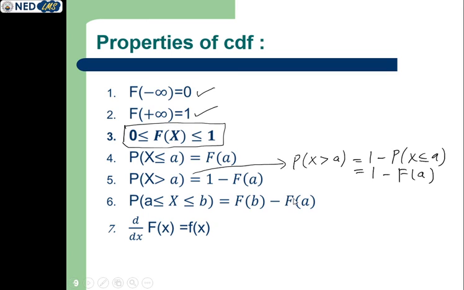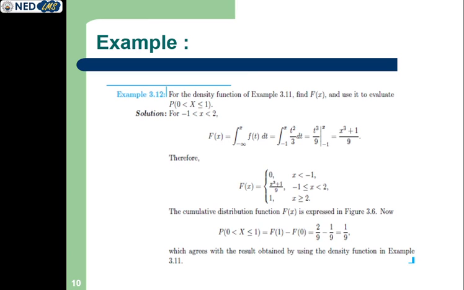Just take the images and subtract those two answers, and you get the probability between a and b. So this is the third formula for finding probabilities by help of the CDF. And the last one we already discussed: the first derivative of the CDF is equal to the PDF. Okay, now this is what we call, students, the cumulative distribution function.